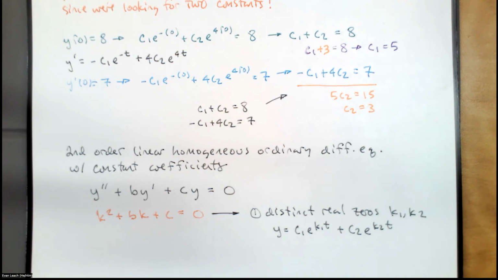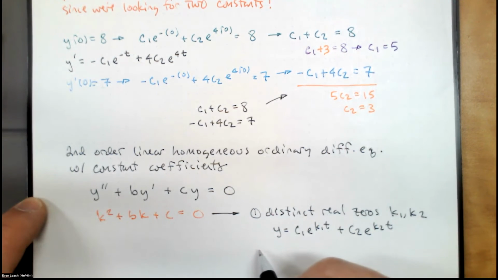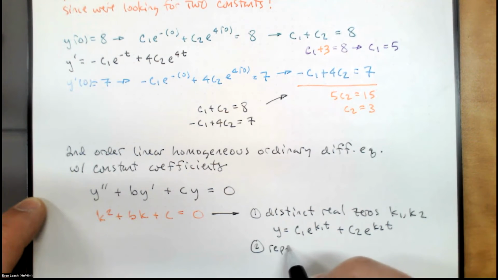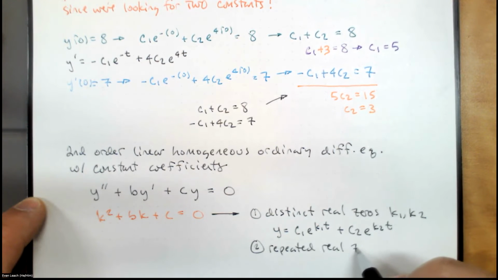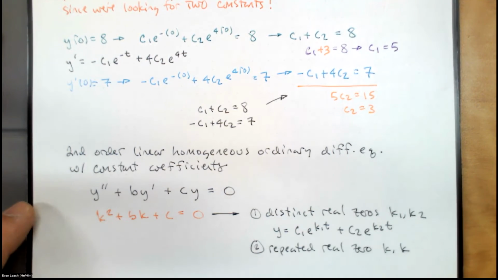We could also end up with real zeros that are the same. We get a repeated real zero. So we get K and another K. Our characteristic polynomial is a square.